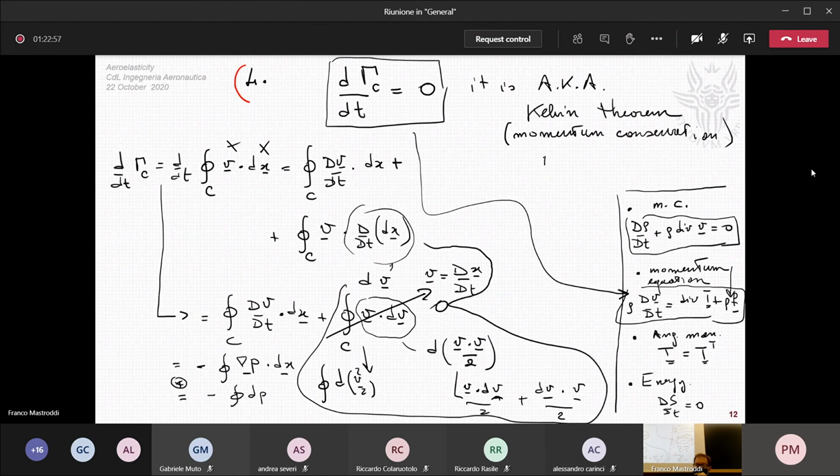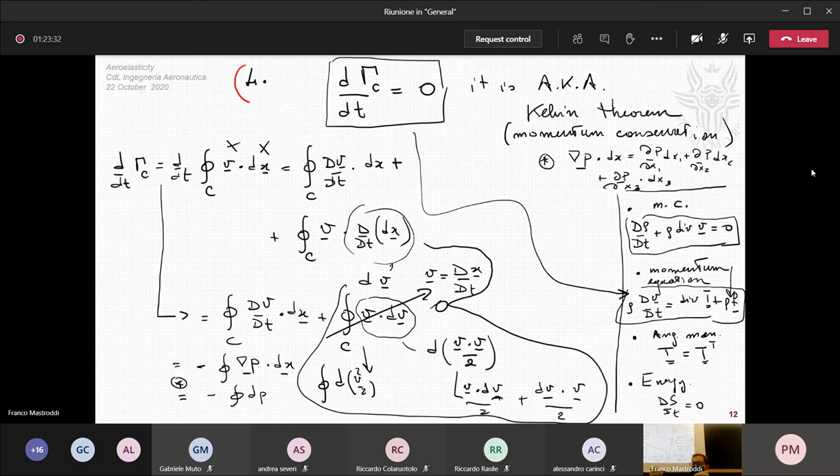Asterisk: gradient of p dot dx is equal to the derivative of p with respect to x1 dx1 plus the derivative of p with respect to x2 dx2 plus, scalar product, the derivative of p with respect to x3 dx3. What is this?